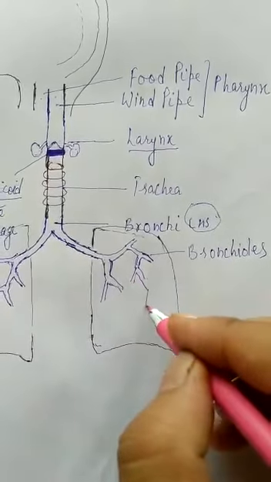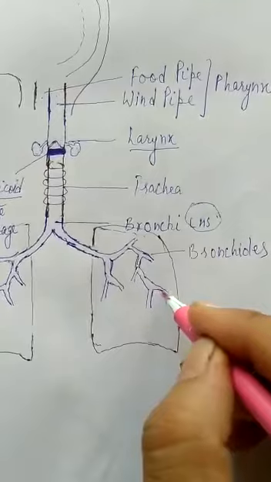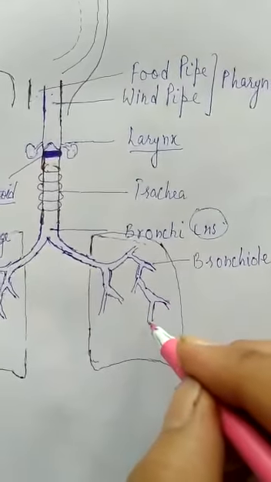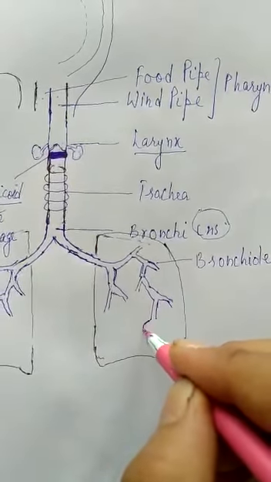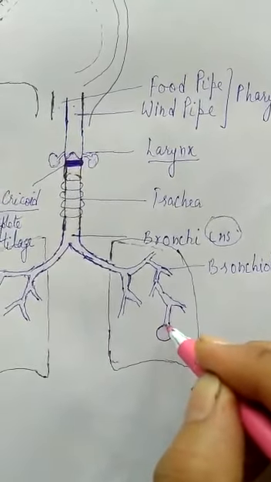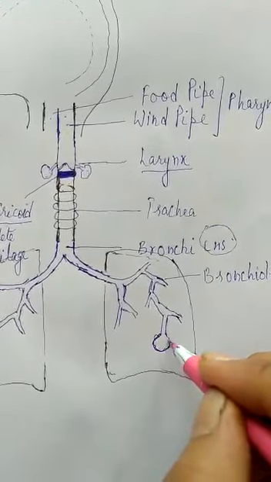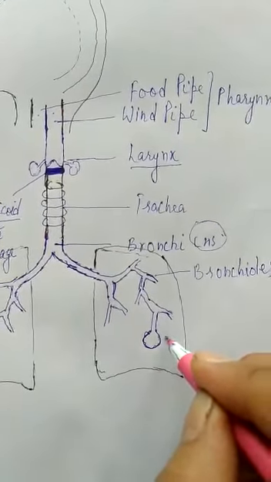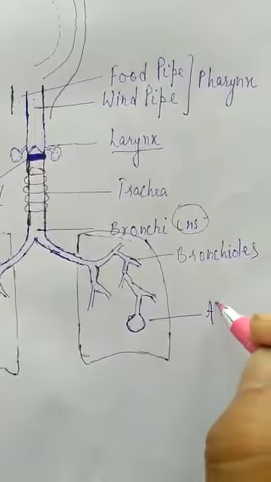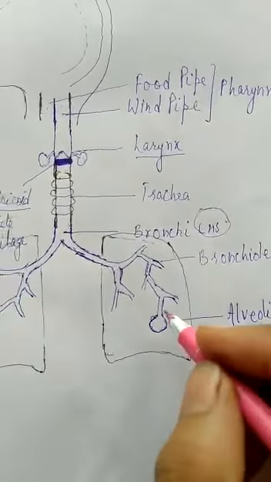Now these bronchioles later on terminate or end into a swollen structure like this. This is what we call alveoli, where exchange of the gas takes place.